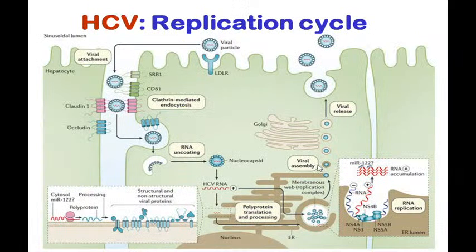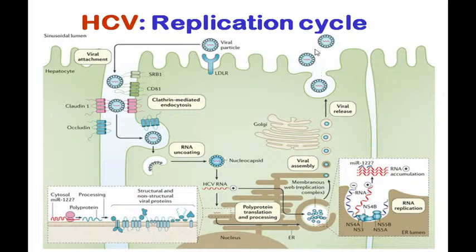It is important to understand that the replication happens in the so-called membranous web. The replication complex will be formed there in part of the cytoplasm. Then the viral assembly occurs and the release by exocytosis.